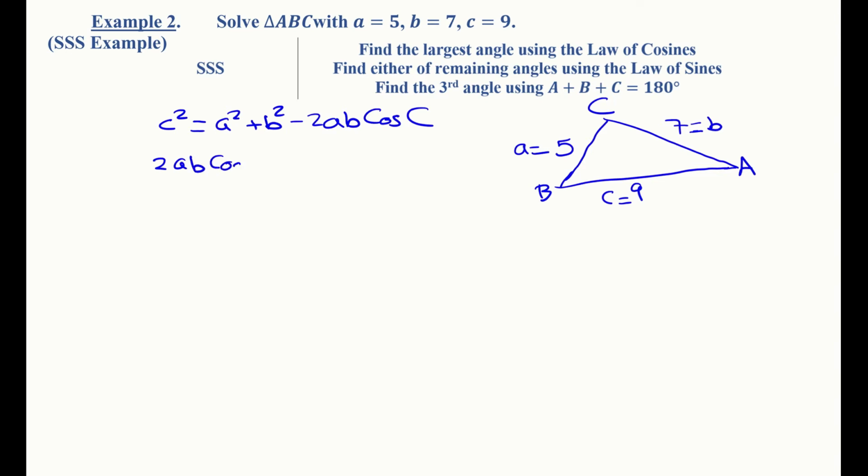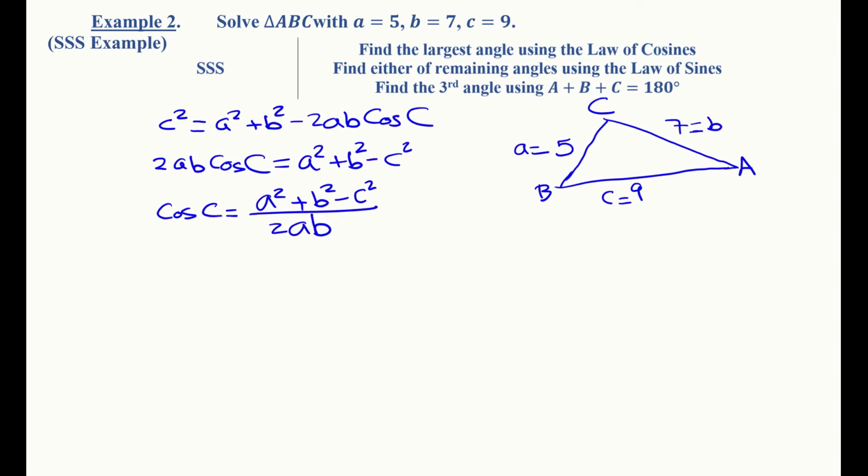We get 2AB cosine C equals A squared plus B squared, and we move the C squared to the right side so it becomes negative. So now we solve for cosine of C. So we get A squared plus B squared minus C squared over 2AB.